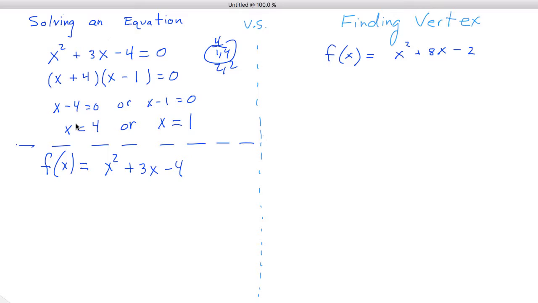So notice I now have two functions here. I have one here and I already have one written over here. Now, as far as the function goes, you might be asked any number of those items to solve for. If you're asked to find zeros or vertex, there's two completely different things going on there, and you have to do two completely different things to get the answer as soon as you see a function.